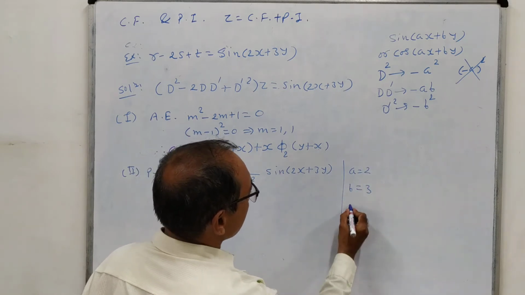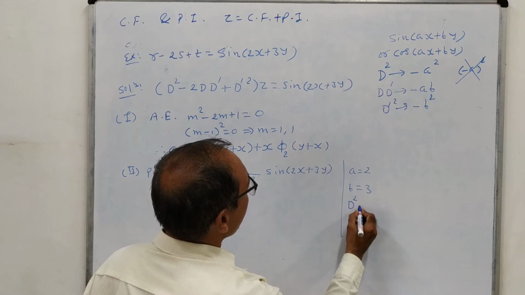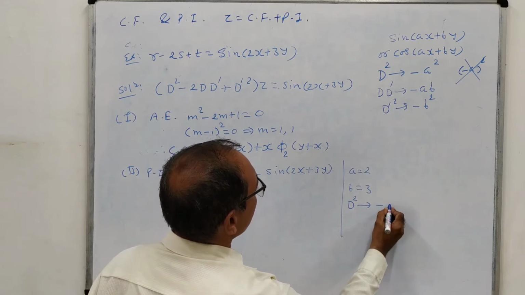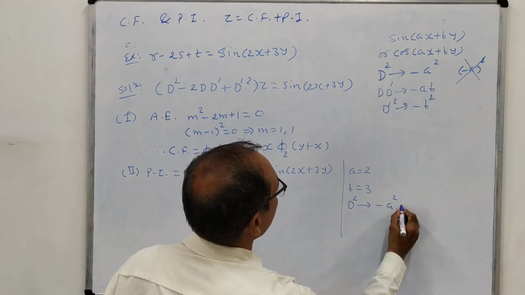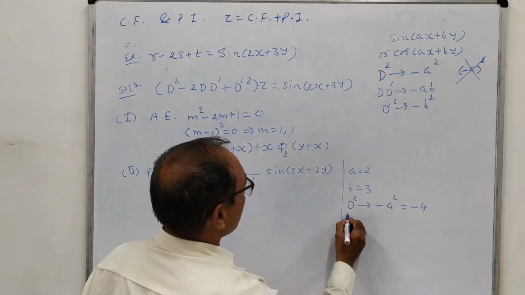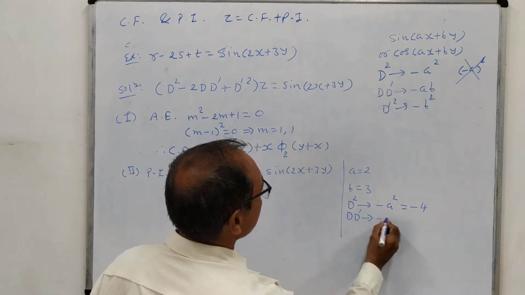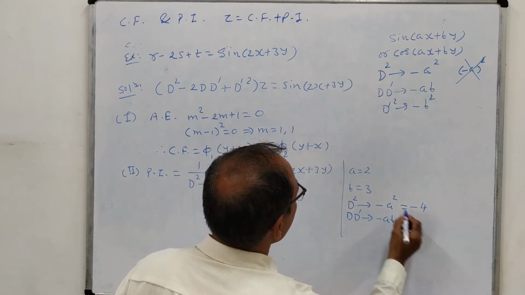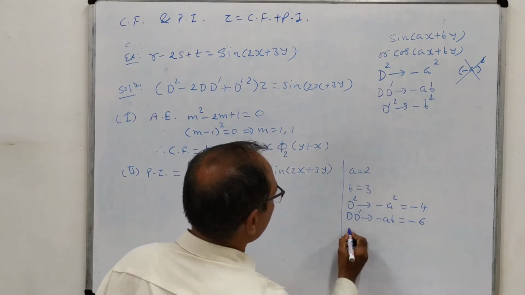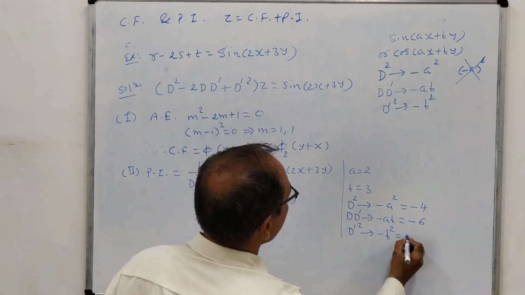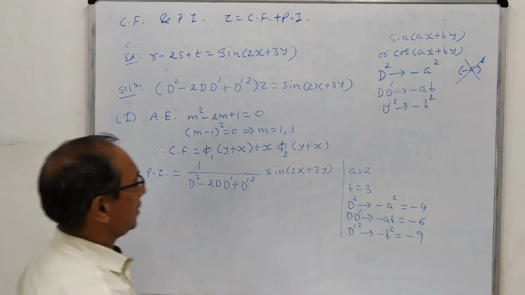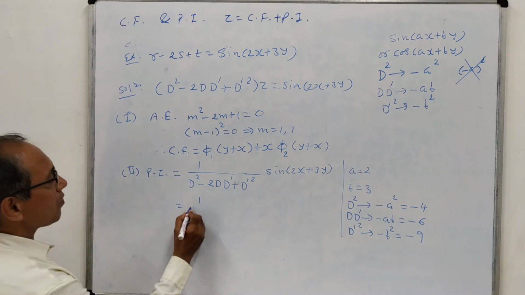So we will replace D² by −a², which is minus 4, DD' by −ab, which is minus 6, and D'² by −b², and 3 square is 9, so minus 9.